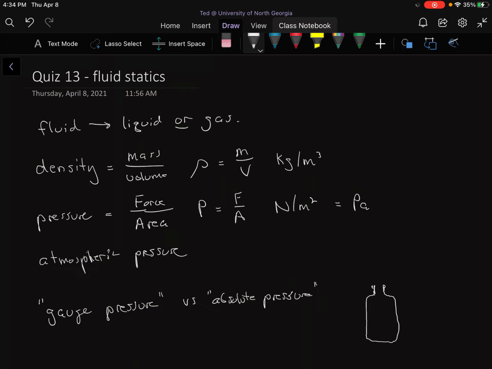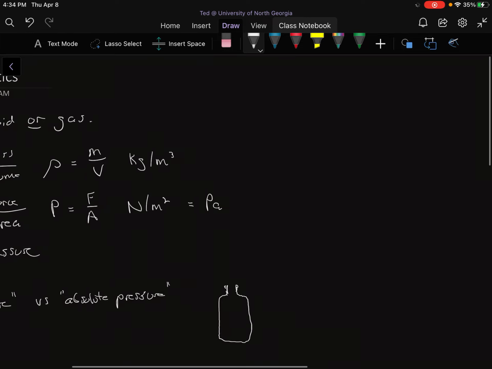Now, there are lots of other units that people use for pressure. The one that you might be most familiar with is PSI. PSI stands for pounds per square inch. And that's certainly a more familiar unit if you grew up in America.